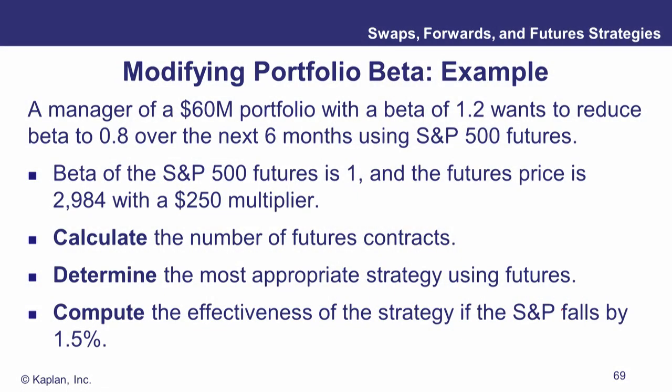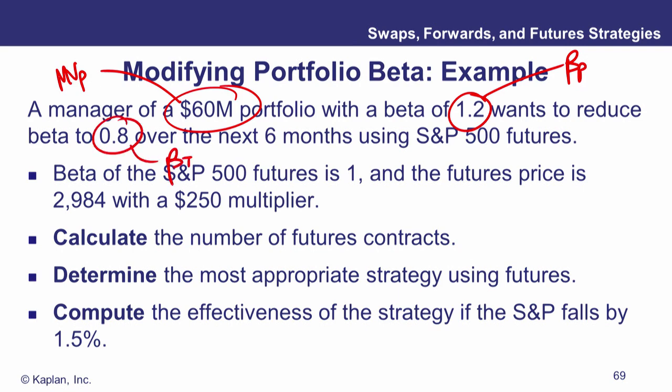Let's have a look at the application here. A manager of a 60 million portfolio, so that would be the market value of the portfolio, with a beta of 1.2, that's their current beta, beta P, wants to reduce beta to 0.8, so that's your target beta, over the next 6 months using S&P futures. Beta of the S&P futures contract is 1, so that's beta F. You remember I kind of glossed over that because multiplying stuff by 1 doesn't matter, but be careful. Technically beta F does appear on the bottom of the equation, absolutely.